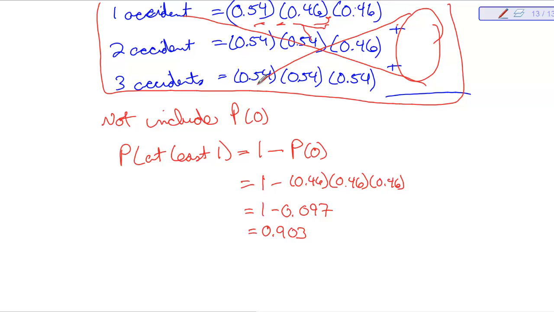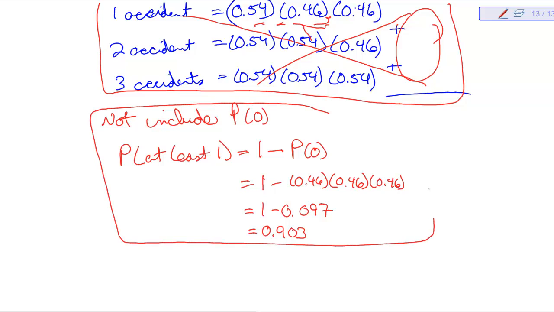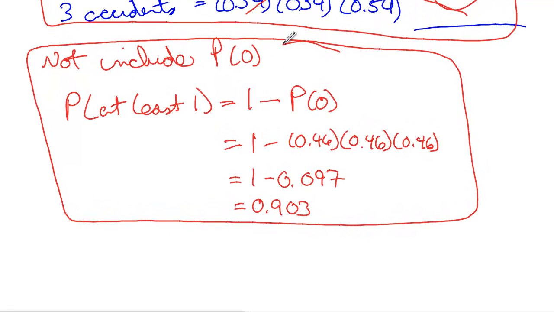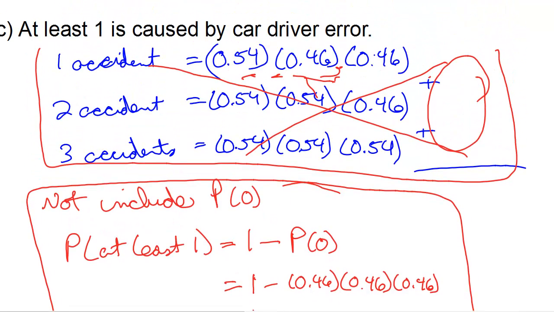We need to be able to figure out and do the complement of something. Okay? Because like I said, we would have to figure out, was it the first accident, or was it the second accident, or was it the third accident that was the one accident, and add all of those up.